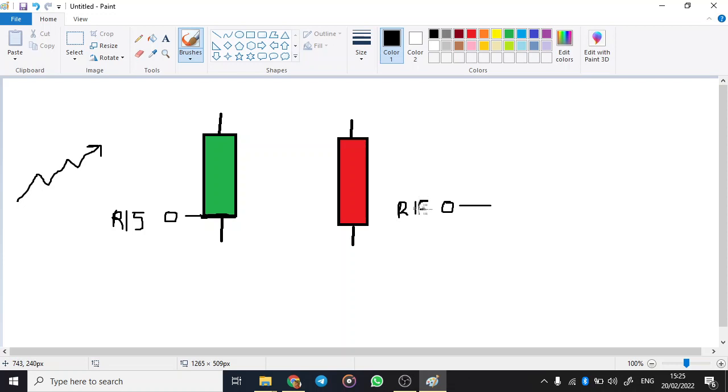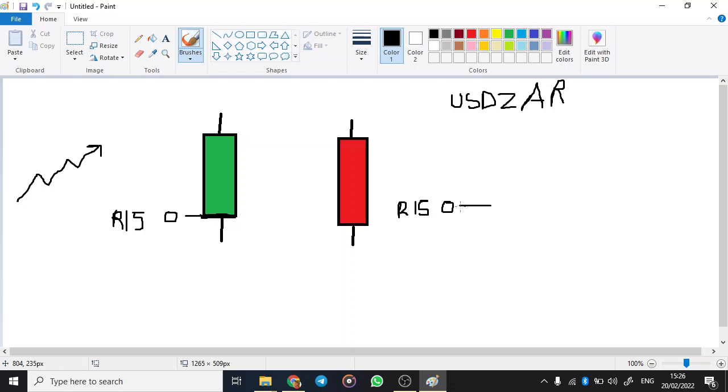So if we have 15 rands as a straight black line where the price opens, and during the day the price of this instrument goes up, which means, if you're talking about the US dollar against the South African rand, which has its symbol as ZAR, and this is the opening price for that day, 15 rands, the price opens here.